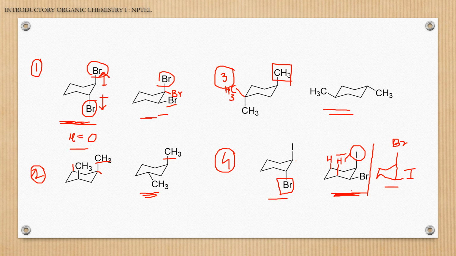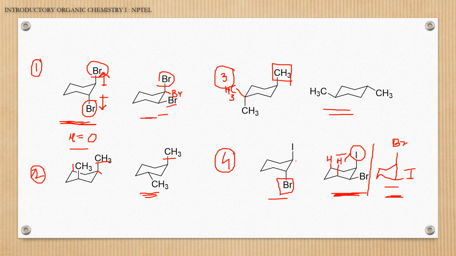So if I place iodine as an axial substituent, the C-I bond length is greater than the C-Br bond length. That is why iodine is not facing as much 1,3 diaxial interaction strain as Br is facing in this particular situation. So Br will face more 1,3 diaxial interaction than iodine, and that is why iodine is going axial. If you have to have one group at axial, Br will not go axial.